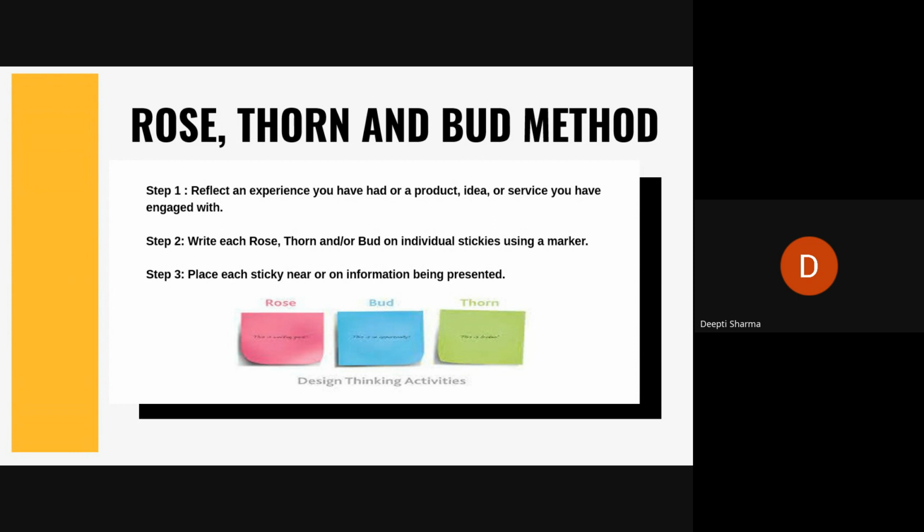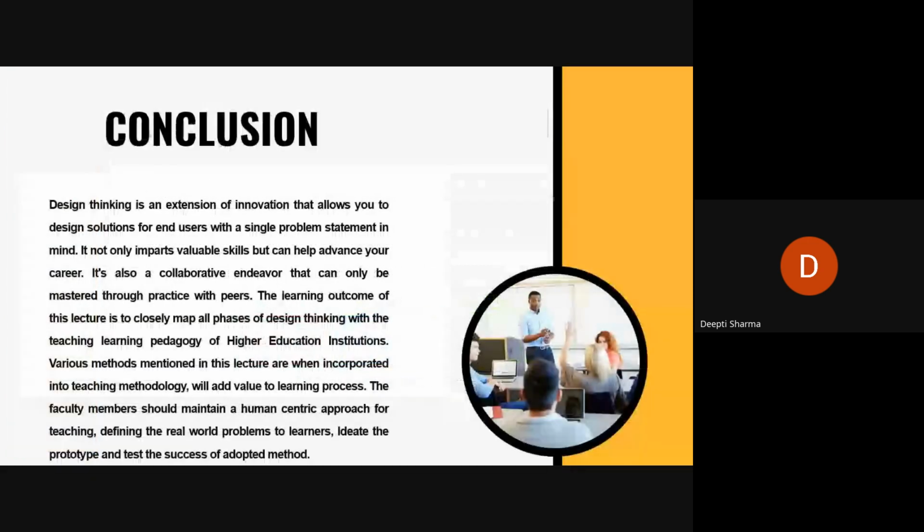This is always helpful to understand the participants as well as the students, to understand the importance of the concept as well as how these models are implemented in their teaching learning methodologies.